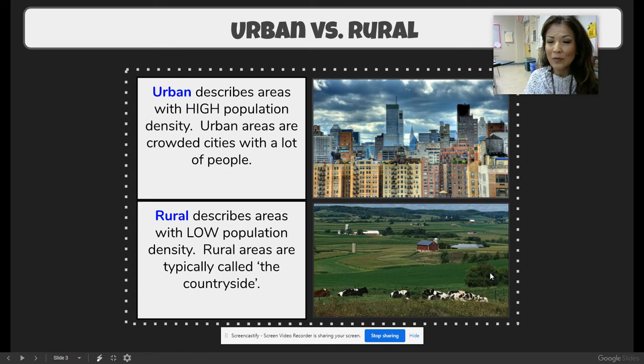I even remember when I moved into my subdivision 25 years ago, I could look out my kitchen window and there were horses and chickens. Now I see buildings. So what happened? Why is it that we suddenly got away from this rural area and turned it more into an urban area? We'll learn about that today.